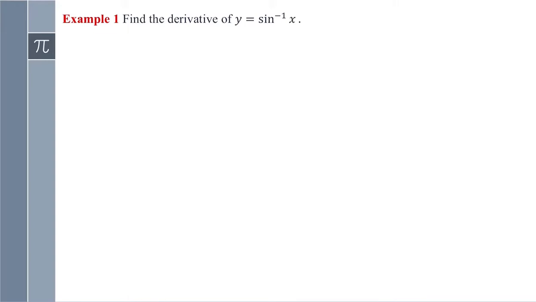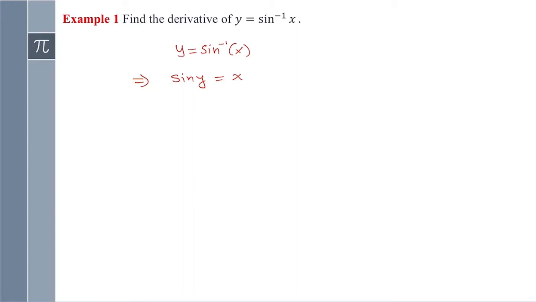So let's start by finding the derivative of y equals sine inverse x. We have y equals sine inverse of x. Now let's rewrite this function. This can be written as sine y equals x.